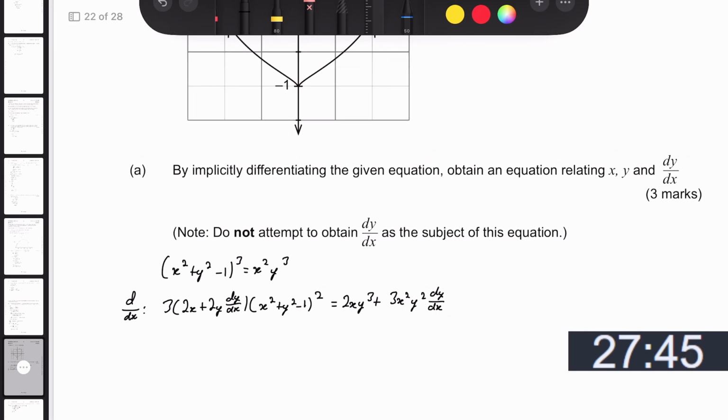Let me differentiate this on my CAS and see if I get that. Action, calculation, differentiate (x squared plus y squared minus 1) to the power of 3 equals x squared y to the power of 3.